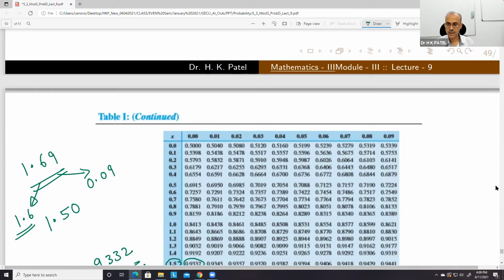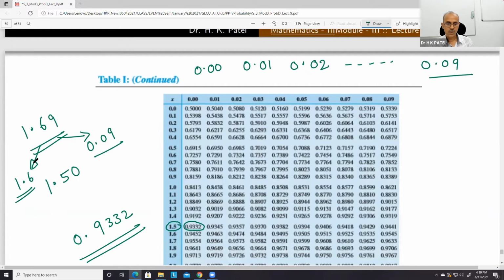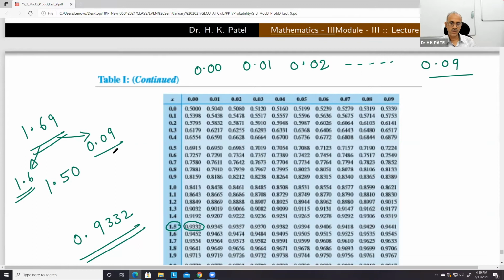In the first row we have 0.00, then 0.01, then 0.02, and this goes up to 0.09. So 0.09 is the last column. Your 1.6 is your row, and 0.09 is your column. So take the intersection element here.